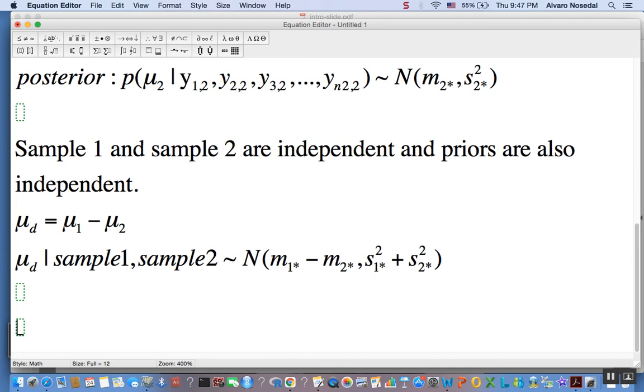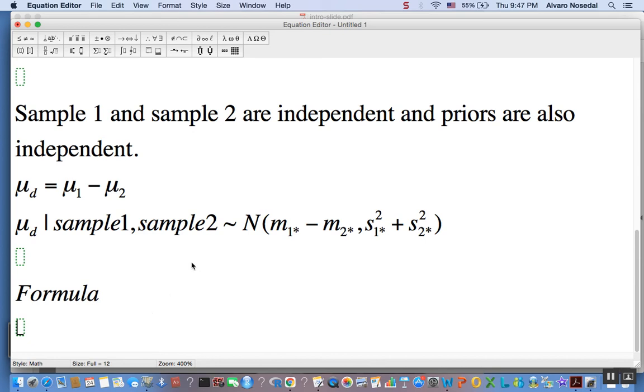So, given that the posterior distribution of mu sub d has a normal distribution, if we want a credible interval for the difference, the formula would be the following.